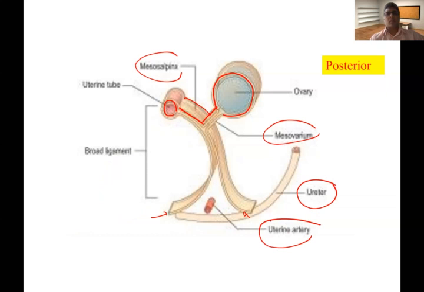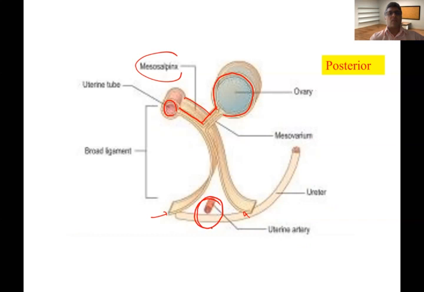They cross each other. So there's a clinically important point here, because when you tie the uterine artery to remove the uterus surgically, you have to tie the artery and obstruct it to stop bleeding. So accidentally, the surgeon, the obstetrician or gynecologist, if he's not careful, if he does not detect the ureter, identify it and put it aside, he will ligate the two structures together at this point.